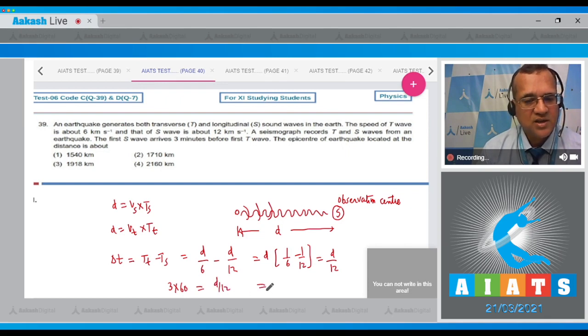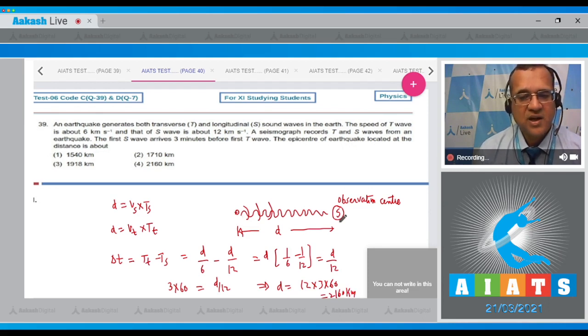This is in kilometers, so d is equal to 12 into 3 into 60, which is 2160 kilometers. So from the epicenter, where the waves are generated, to the observation center of the seismograph, the distance is 2160 kilometers. So the option is 4.